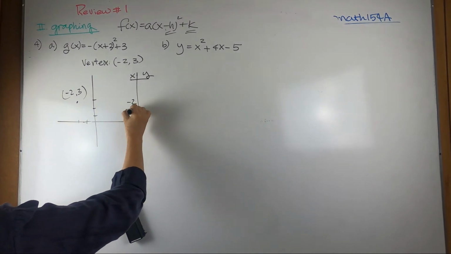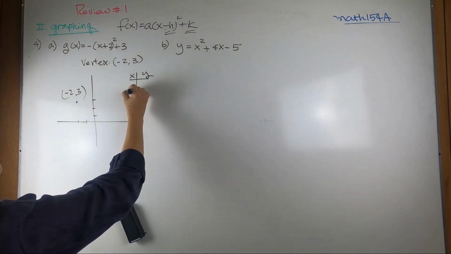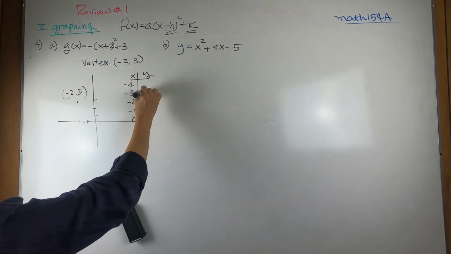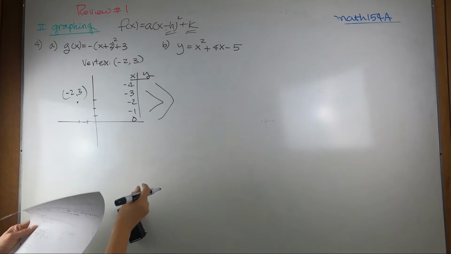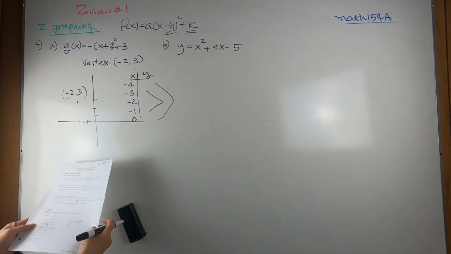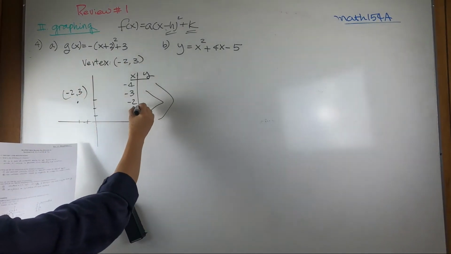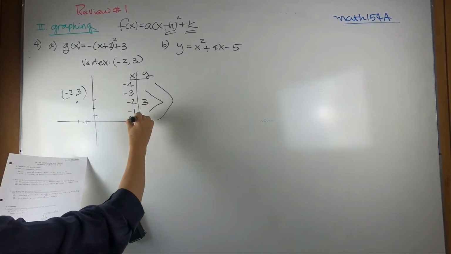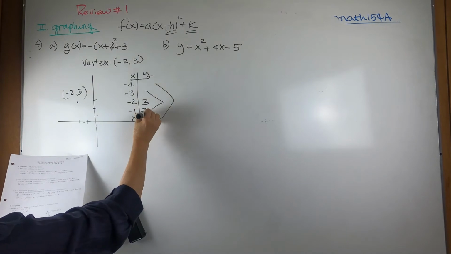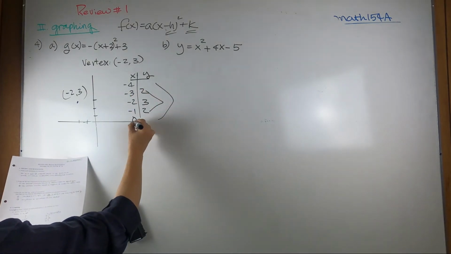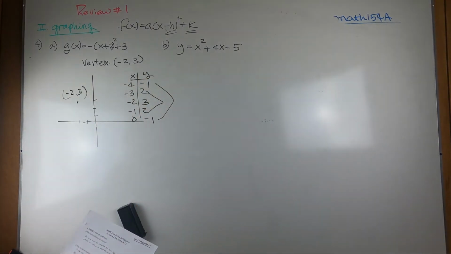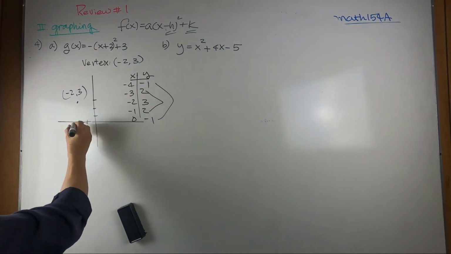Okay, so that would be -1, 0. You need 5 points to make sure it's symmetric, right? So you plug into the original, then -2 would be 3, right? -1 would be 2. 0 would be -1. Okay? So you have to plug in together.